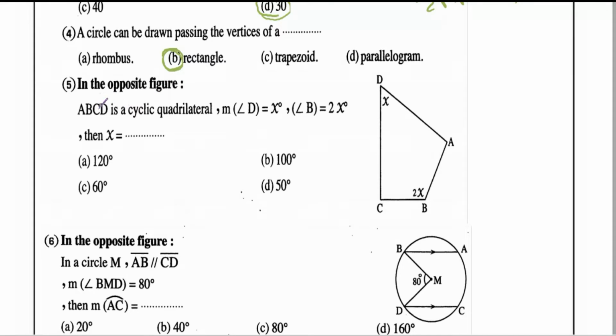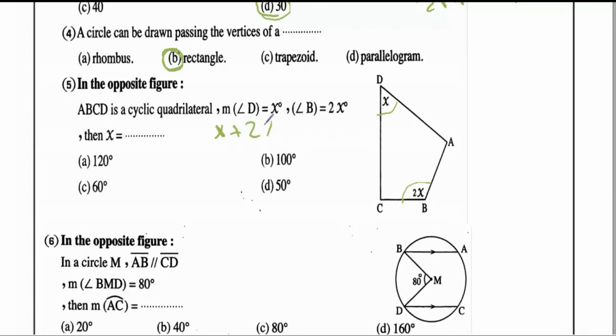Number 5. In the opposite figure, ABCD is a cyclic quadrilateral. The measure of angle D is named X and B is twice X. What is the value of X? Remember, the sum of measures of opposite angles of a cyclic quadrilateral equals 180.